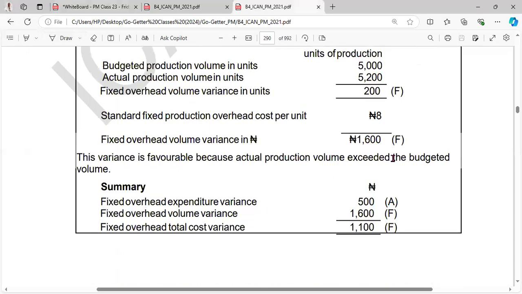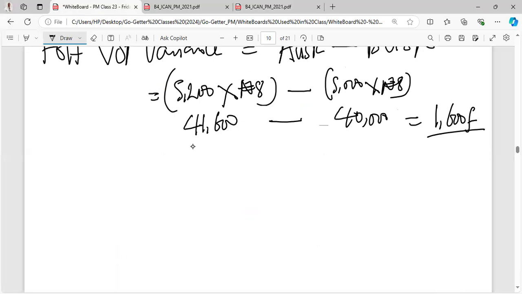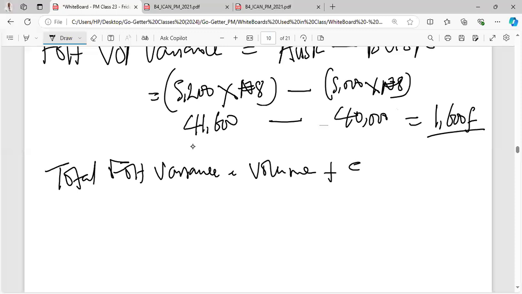So if you look at it now, the total fixed overhead variance is volume plus expenditure.